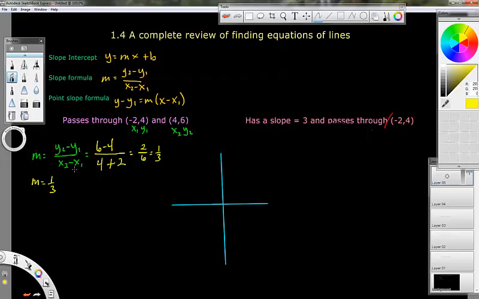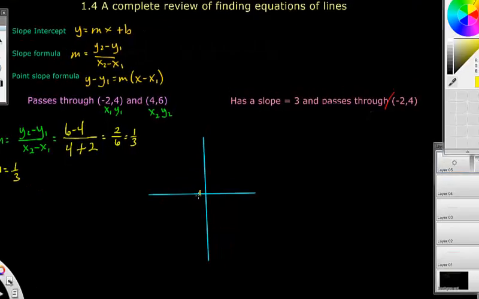Now what we have to do is use the point slope formula to generate our graph here. And speaking of graph, let's go over to the graph itself and plot these 2 points. So here's negative 2, 4. We'll just freehand this, see how we do.